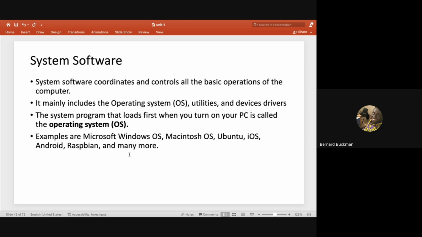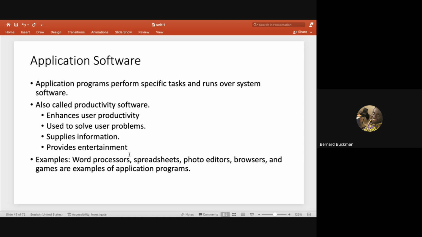You can see examples in session 2 of unit 1, okay? Then we have the application software, which makes your computer very productive, okay? So if you want to do something like video editing, that is a specific task.